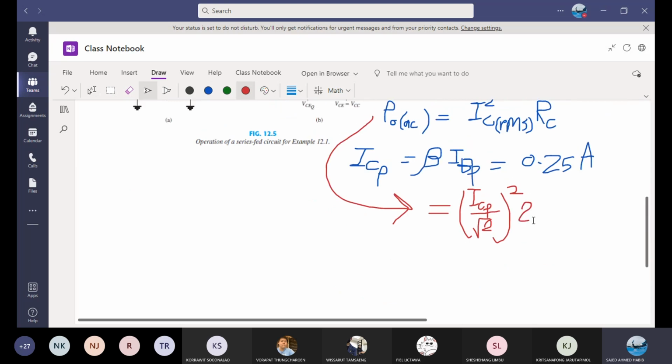You can use the calculator: 0.25 divided by square root of 2, and then take the square, that is in ampere, multiplied by 20. The answer will be in watts. In my calculator, I got 0.625 watts.